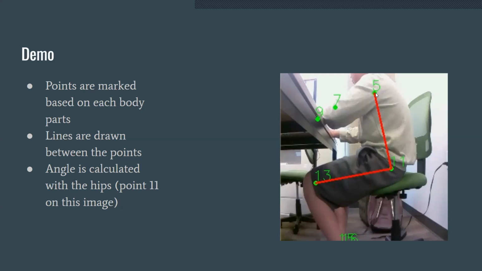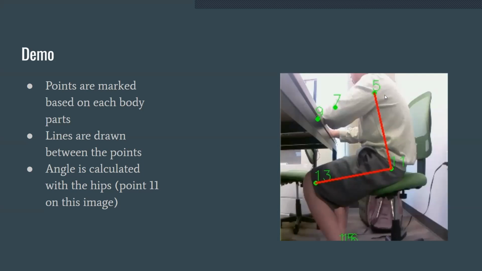We use our shoulders over here, and here's our hips, and here's the knees, and it draws a line over here, and we basically calculate the angle on point 11. TensorFlow actually marks points with numbers. For example, 5 is our left shoulder, 7 is our left elbow, and 9 is our left hand.